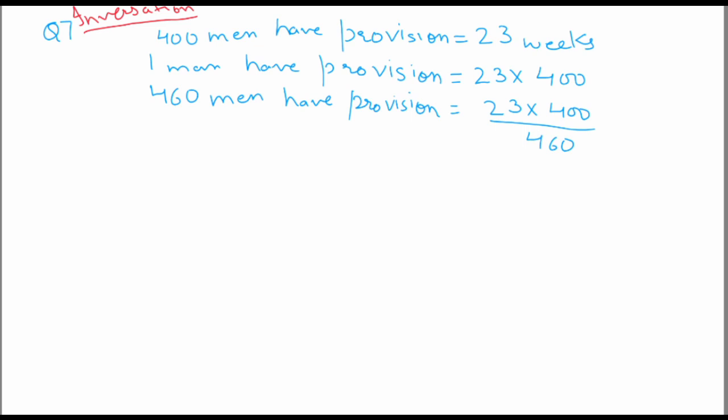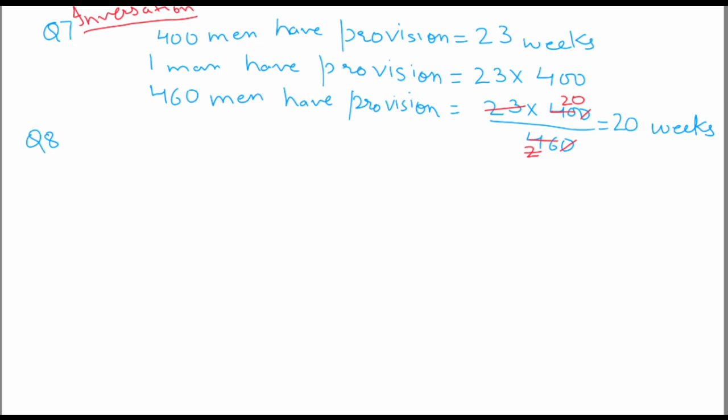Now we'll cut this all and get the answer. 0 with 0, 23, 2 sixes are 46, and 2 fours are 8, so 20. So this provision will be for 20 weeks if 60 men join it more.